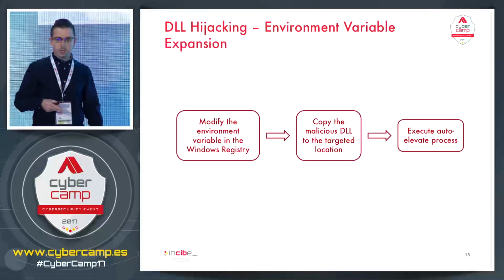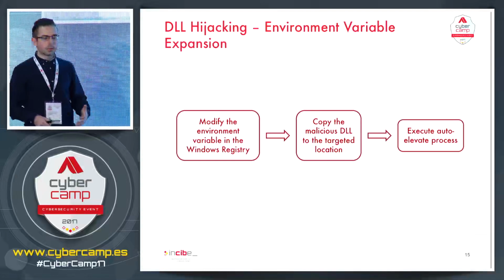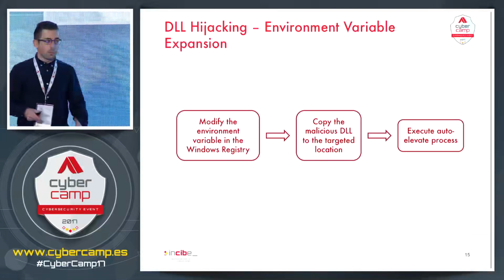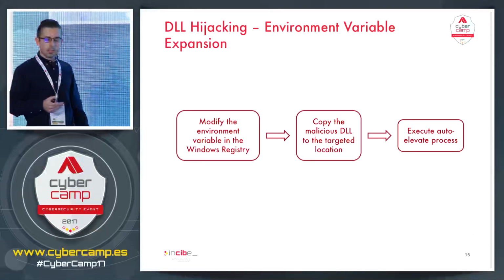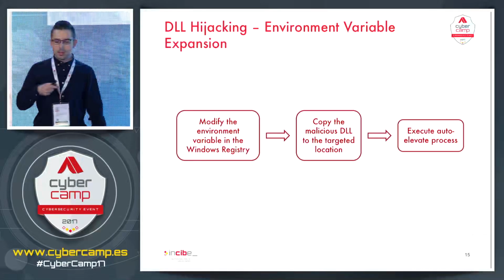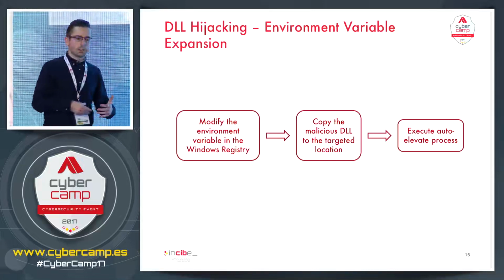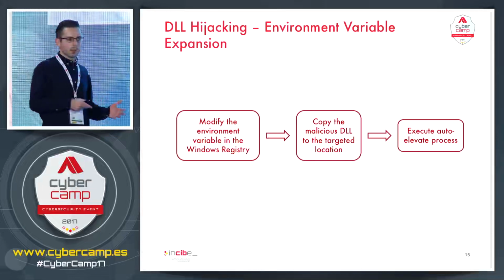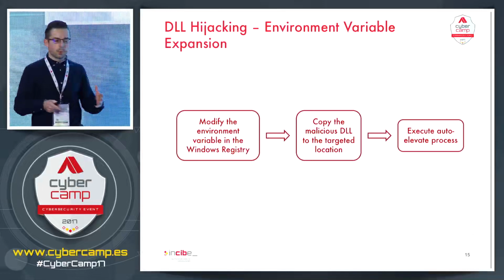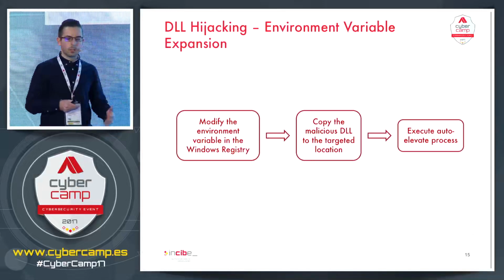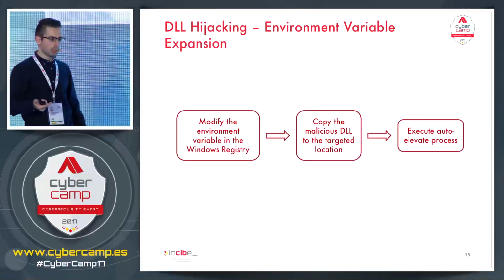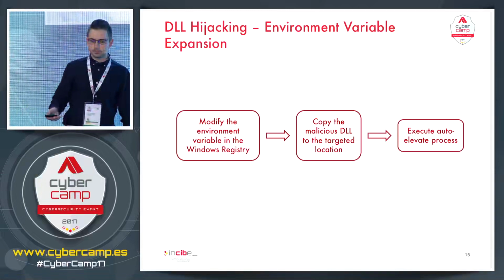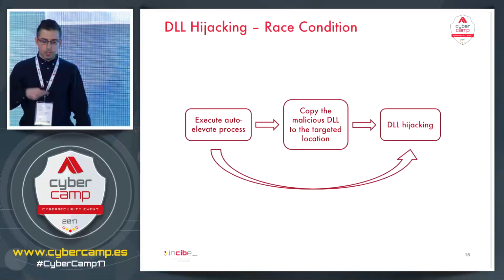The next example talks about abusing the environment variable expansions in Windows. Why? Because several auto-elevate processes upload DLLs from routes with environment variables. If an attacker modifies an environment variable and the path works on a variable under its control, the DLL will be finally uploaded.